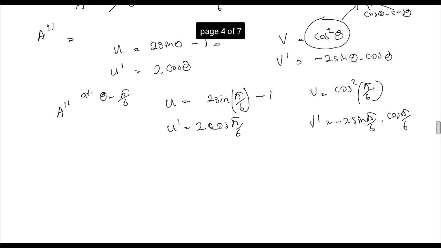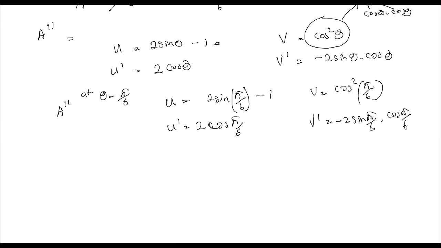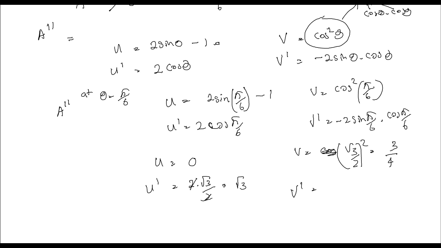So that is, u becomes sine 30 is half times 2, 1 minus 1, 0. u dash is 2 times root 3 over 2, which is root 3. v equals cos squared 30, which is root 3 over 2 squared, which is 3 over 4. v dash is minus 2 times half times root 3 over 2, which is minus root 3 over 2.